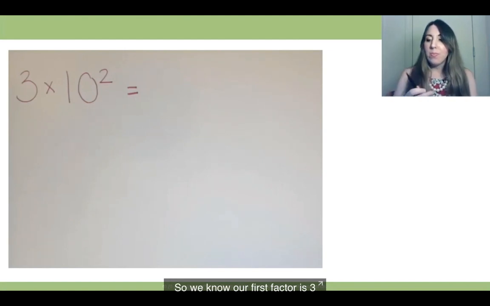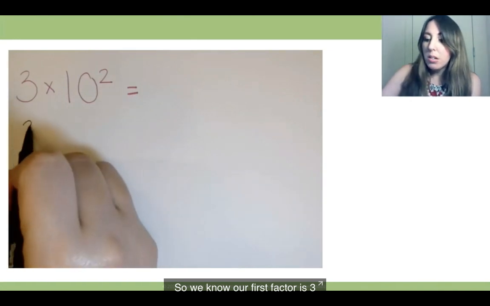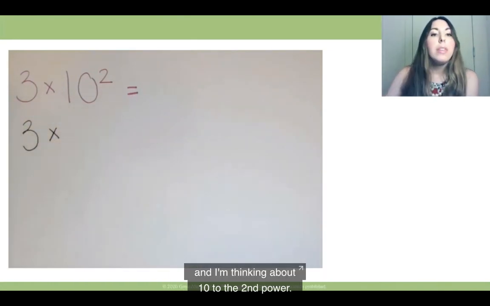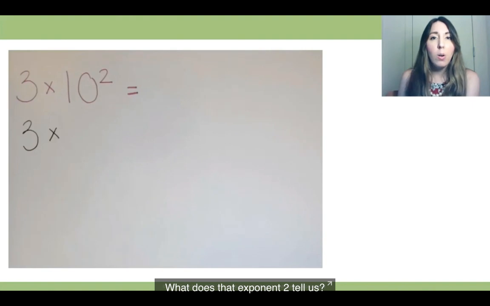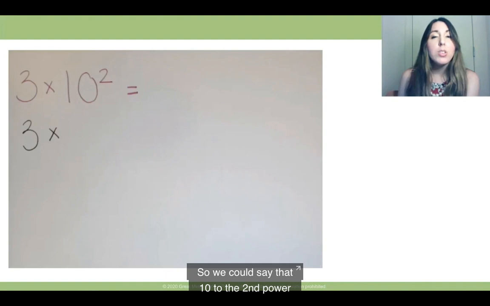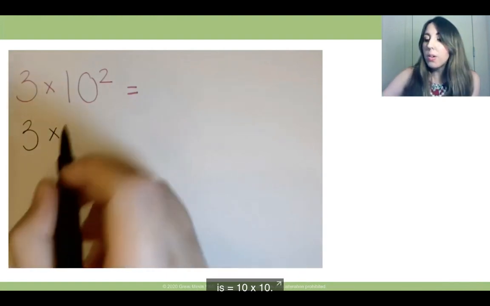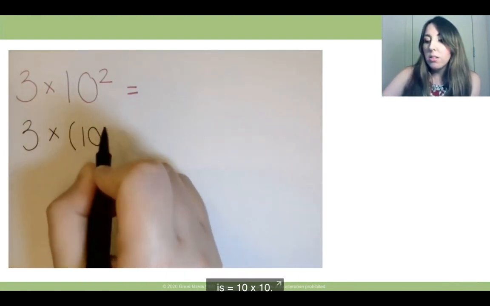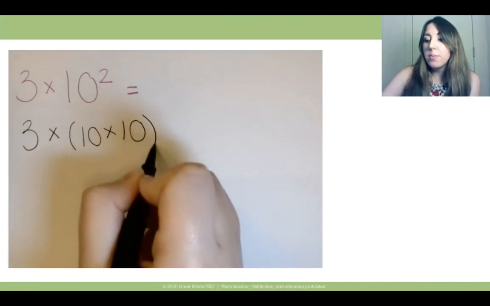So, we know our first factor is 3, and I'm thinking about 10 to the 2nd power. What does that exponent 2 tell us? That it has 2 factors of 10. So we could say that 10 to the 2nd power is equal to 10 times 10.